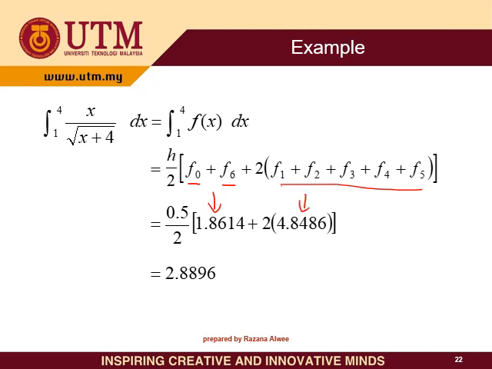Okay, if you remember our formula before, why is it like this? Because our formula before is h/2 [f0 + fn + 2 summation of i equals 1 to n minus 1 of fi].